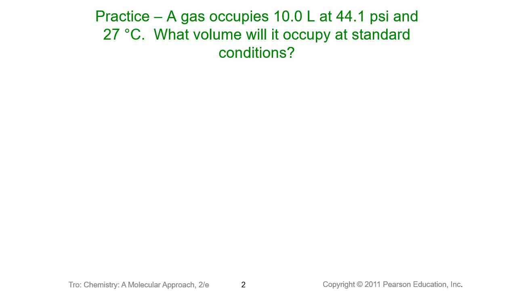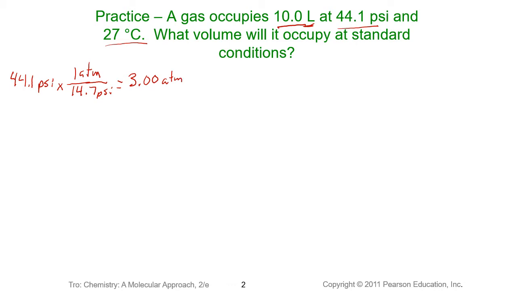Because we have a volume, a pressure, and a temperature, we can solve for the number of moles. Now we have to do a couple of conversions. Liters are all right, but we need to convert 44.1 psi into atmospheres, and we find that this is 3 atmospheres.